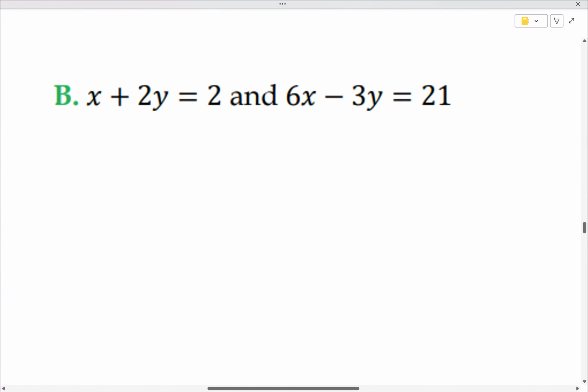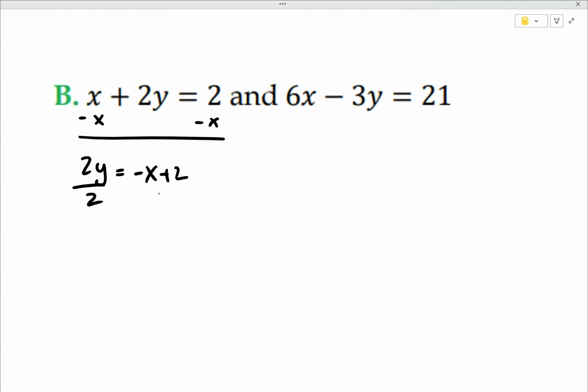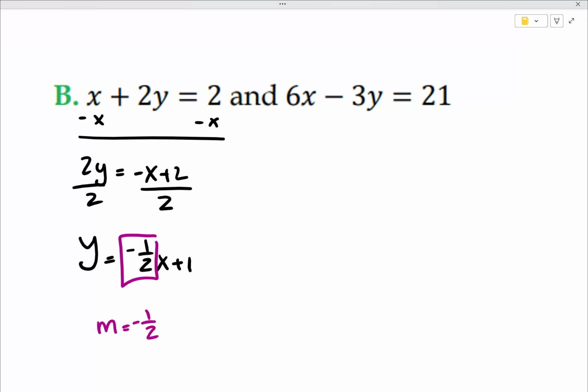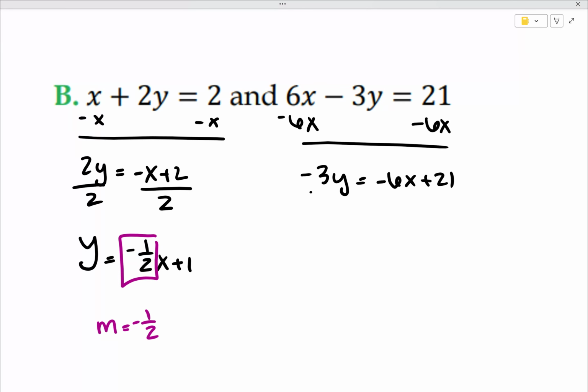Question B, I'm going to solve both of these for y. Divide by 2. Negative 1/2 x plus 1, so our slope is -1/2. And then solving for y for the second equation, divide everything by -3.